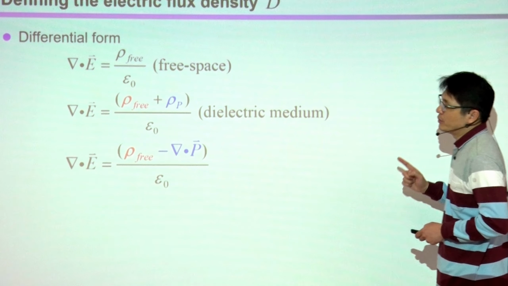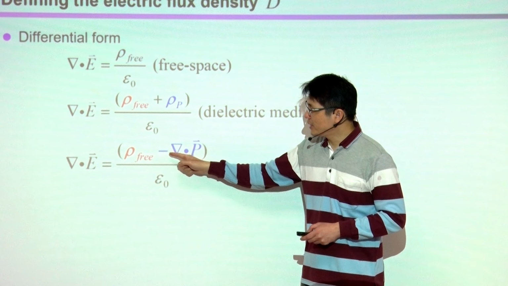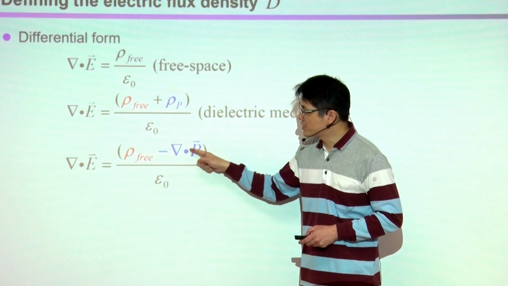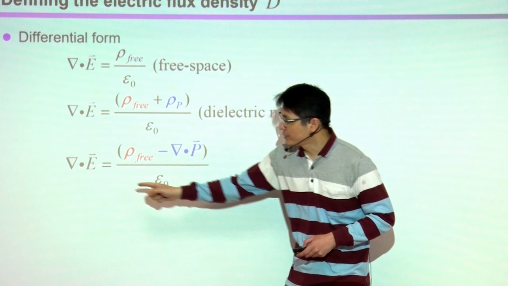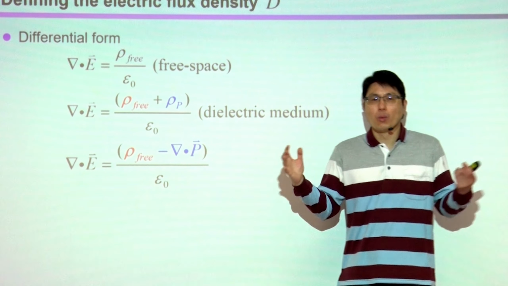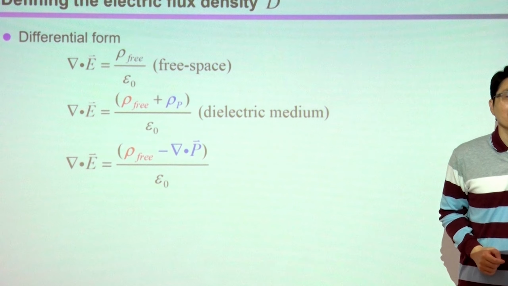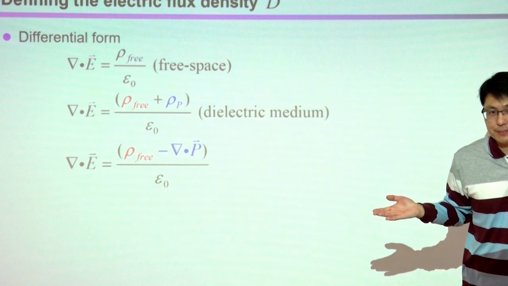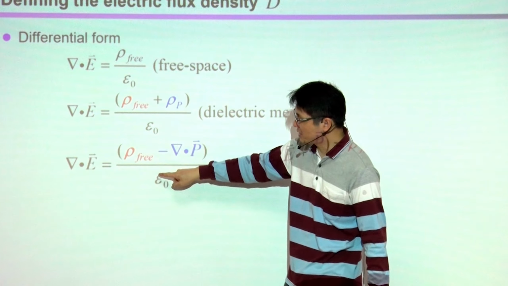But now that we know from the previous page, rho p is equal to negative divergence of the polarization vector. Okay? So now we have one divergence and we have a second divergence. Why not combine the divergences to one side to make everything simple? We can do that. We can multiply by epsilon 0.